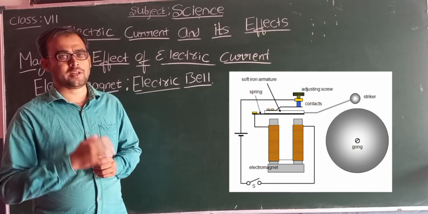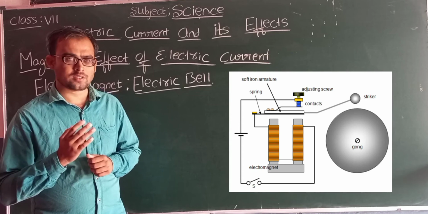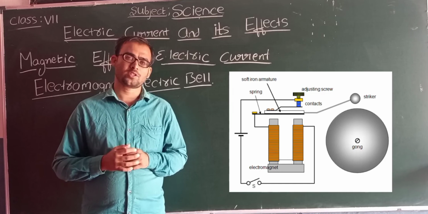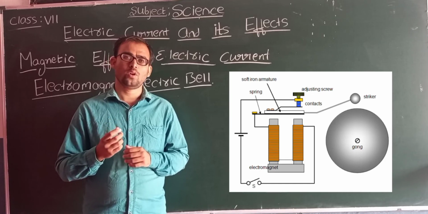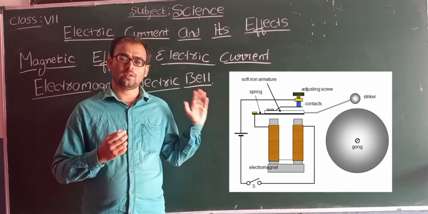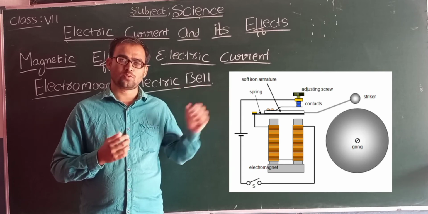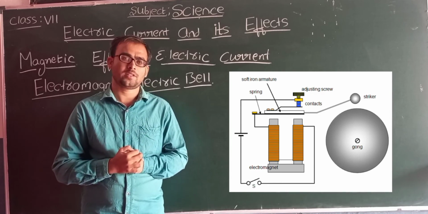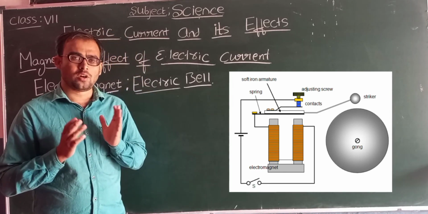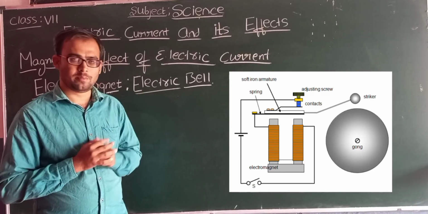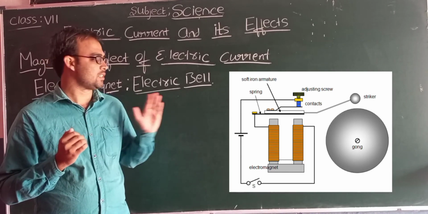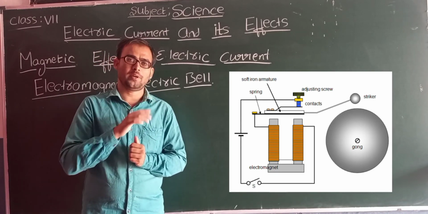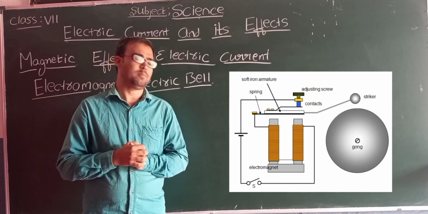The iron strip with the hammer is kept close to one end of the coil, and there is a contact screw at the end of the iron strip. Whenever the contact screw touches the iron strip, the circuit gets completed.